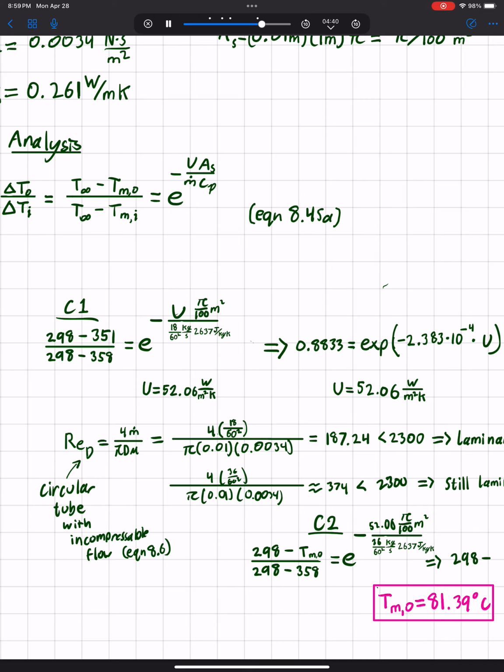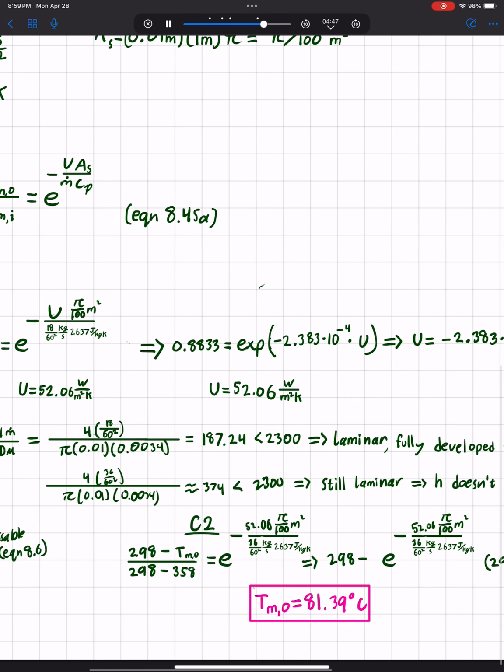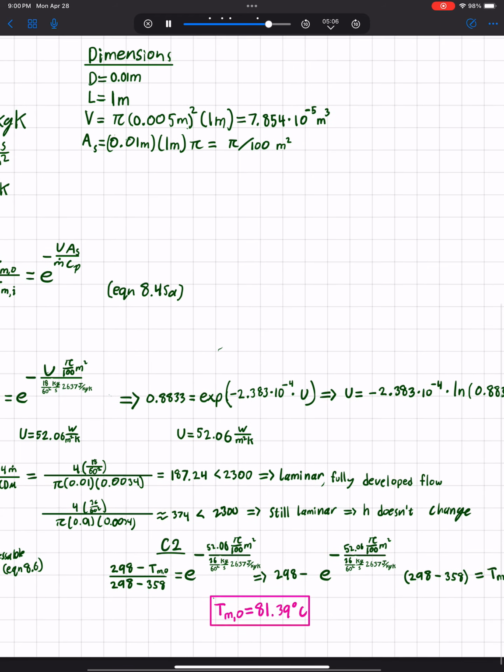So that's going to get you 4 times 18 over 60 squared, again, that's the mass flow in kilograms per second, over pi times the diameter, which is 0.01 meters, times mu, which is 0.0034. You solve that out, you get 187.24, which is well below 2,300, which is the cutoff for laminar. So you know that this is laminar fully developed flow.